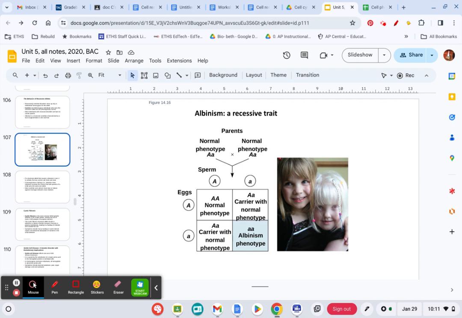What does that mean? It means there is a lack of pigment produced. Someone with pure albinism actually has red eyes. Do you know why? They're not producing pigment, so what you're seeing is the blood vessels behind their eyes. They see normally, but they're very sensitive to light, and they have to be very careful.